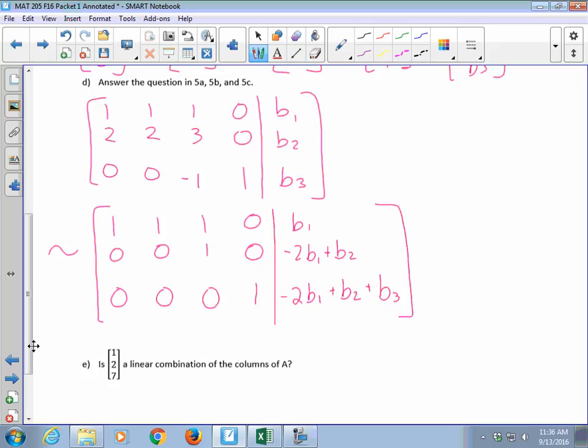Yeah. Which one is it? X2. Yeah. Because this column represents X1. These are coefficients on X1, coefficients on X2. So the X2 column has no pivot in it. So maybe that's why somebody said there's no pivot in row 2. I think you meant column 2. Yeah.